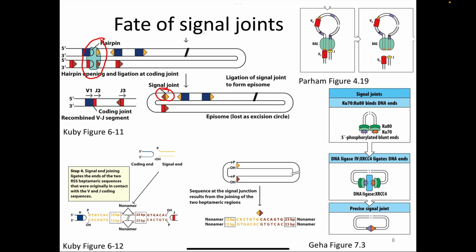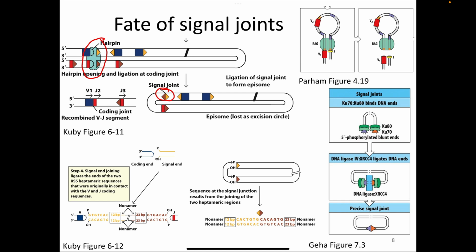You're going to make some wackadoodle thing if you did that. So you actually need to deal with the hairpin before you can paste the two coding joints together. The interesting part is that we have to figure out how to deal with those hairpins before we can paste these two things back together, because the hairpin just can't be pasted as it is.